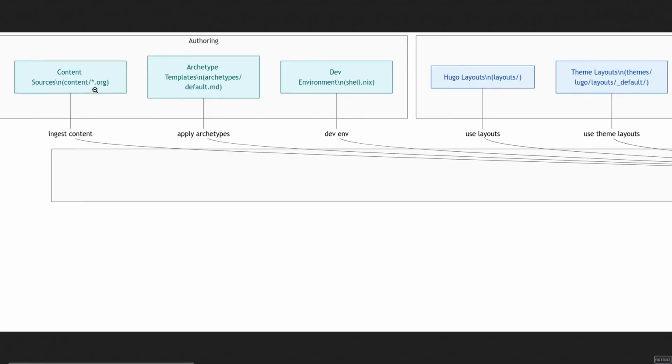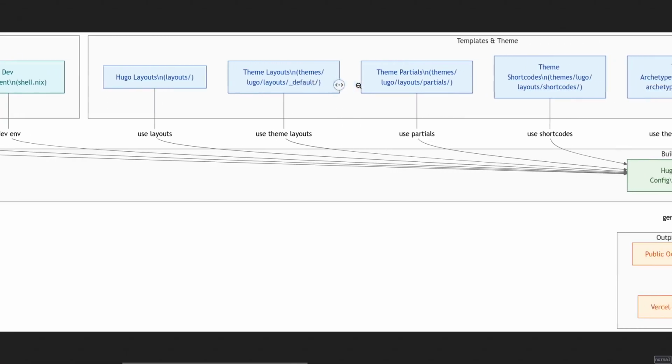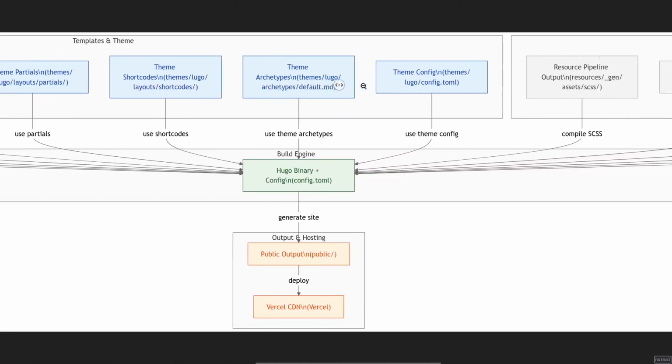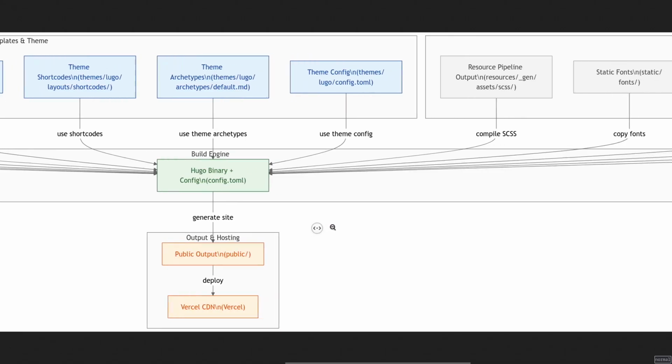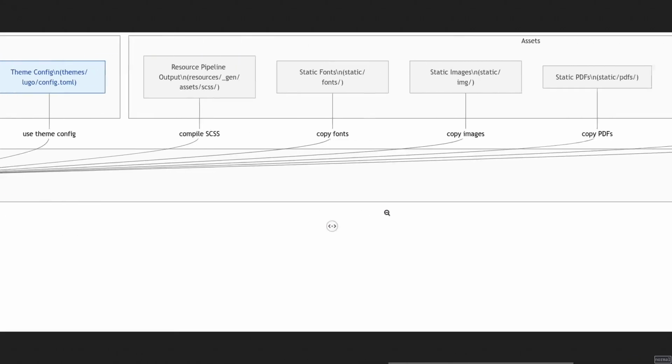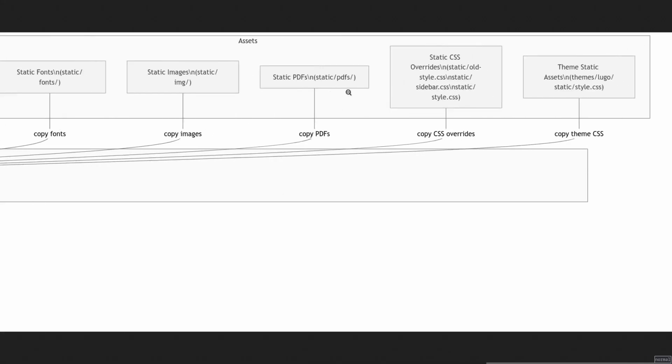This is where all the content is, and then these are the templates and themes, and they all plug into the Hugo static site, and then it's output to public, and then hosted on Vercel's CDN, which is content something something. And then yeah, I have all my static assets.